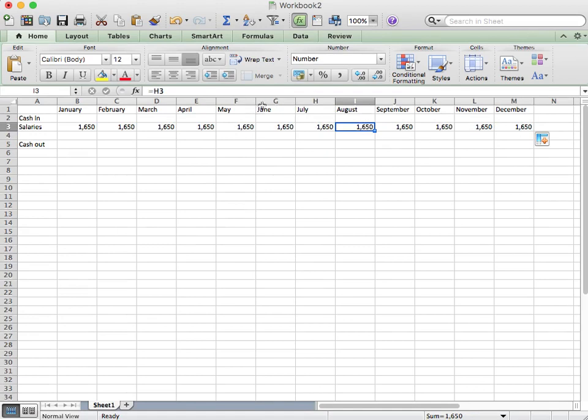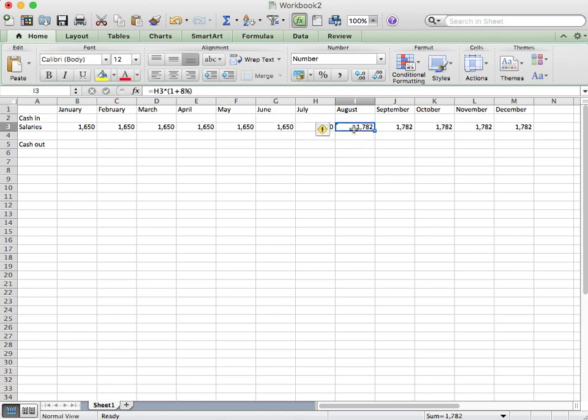But in August they get an 8% pay rise. So the August salary is the July salary multiplied by 1 plus 8%. Oh, no. What's that done? 1 plus 8%. I've hit the wrong button there. Okay. So it's increasing it by 8%.